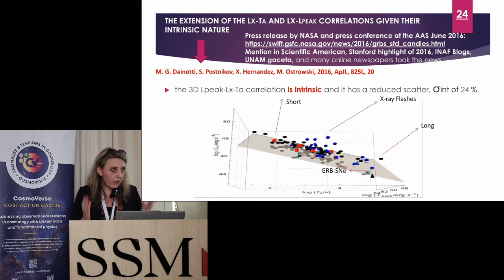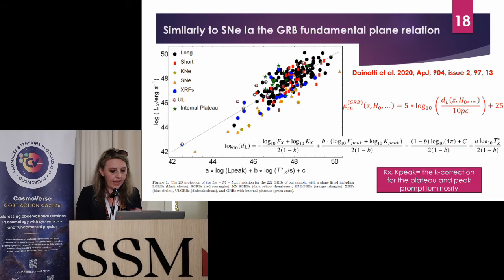So we are backed up with the physics, then we can move on and consider how this relationship can actually be used as a standard candle. I showed you the Tripp formula before, and similarly to this, we can consider the theoretical distance modulus and the distance modulus that comes from this relationship, the fundamental plane relation, as a function of several factors.